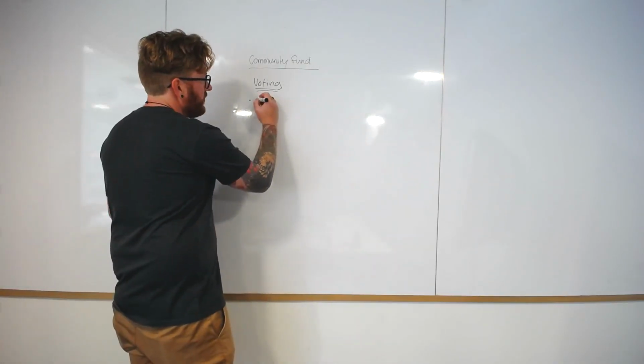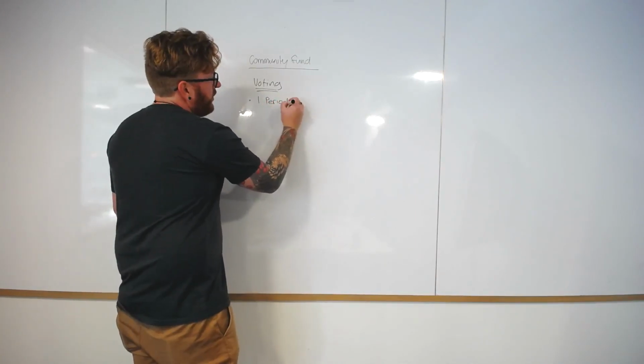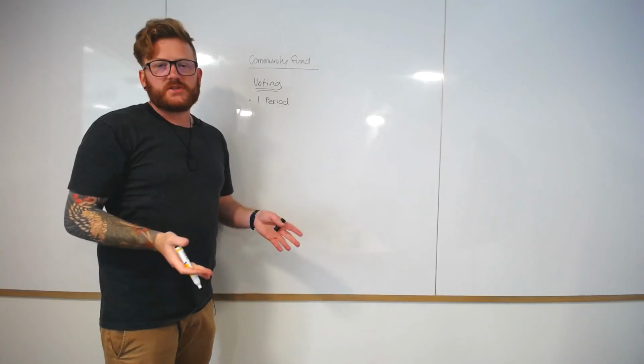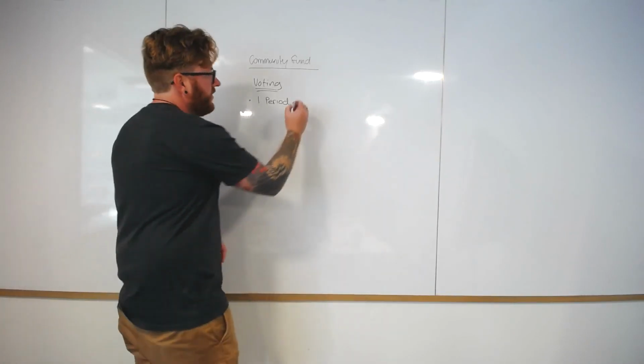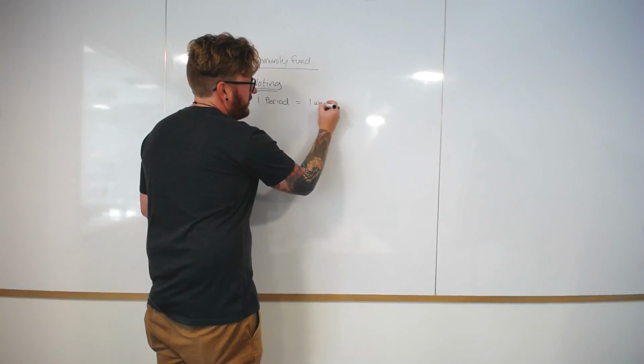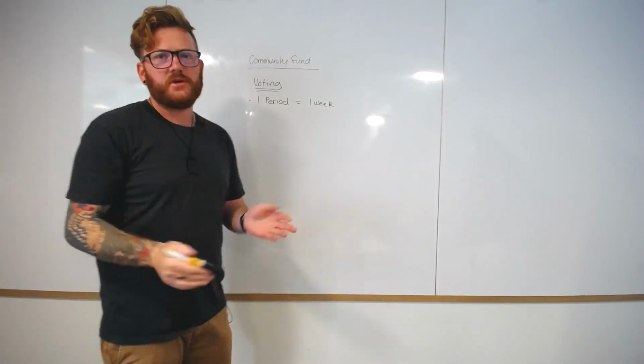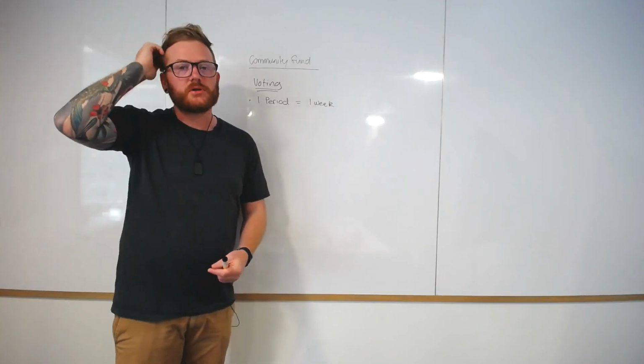So it works in cycles, right? We have this one period, one voting period is equal to roughly 1 week. It's slightly different because the block time's variable and it's based on a number of blocks.